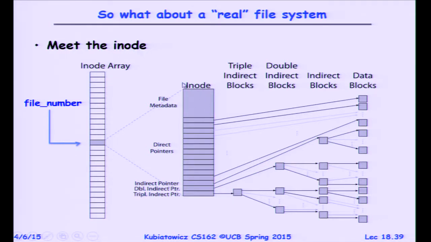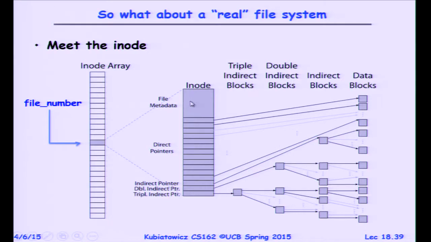An inode is this structure that describes the file, and typically the file number that we've been talking about points into an array of inodes. And so now, unlike the FAT file system, which was a little confusing because of that, I realize, every one of the file numbers means something. Every one of them is an inode. Okay, this is an actual array. And if I know what the file number is, I look up the inode.